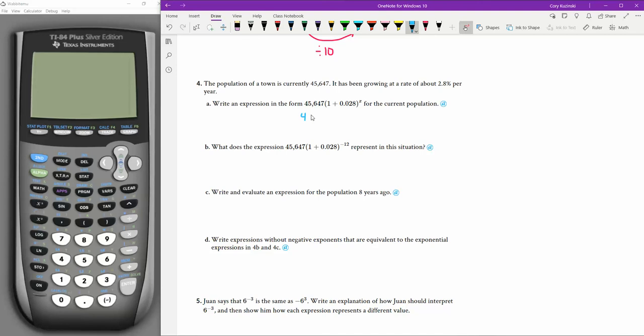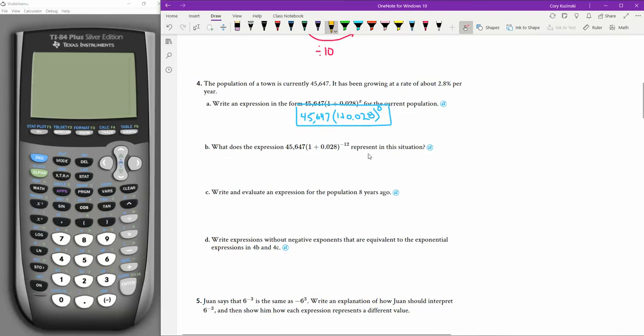Oh yeah, that's right. 45,647. I don't know what year it is, but that's what it currently is. And it's grown 2.8%. How many times? 0 times. Okay, so that's the actual answer. And if you type that into your calculator, it'll give you 45,647, because this raised to the 0 power is 1, and 1 times 45,647 is just 45,647. All right.